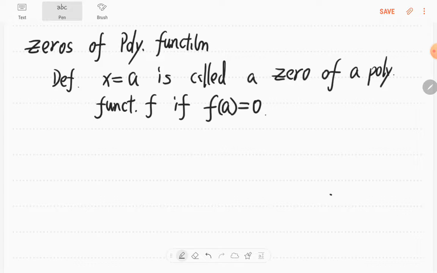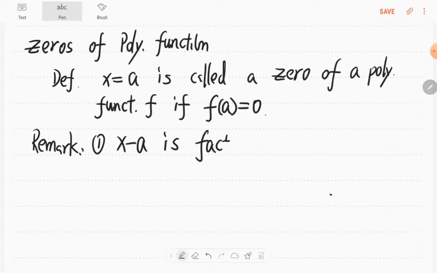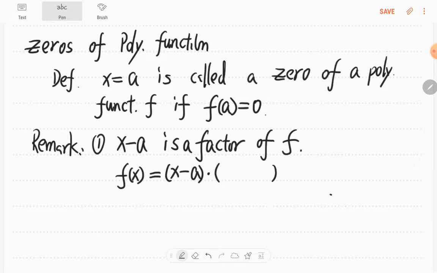Okay, so for the polynomial, we will have, look at this property. If a is a zero, then x minus a is a factor of this function f. What does this mean, a factor? This means this function f of x can be written as x minus a times something.